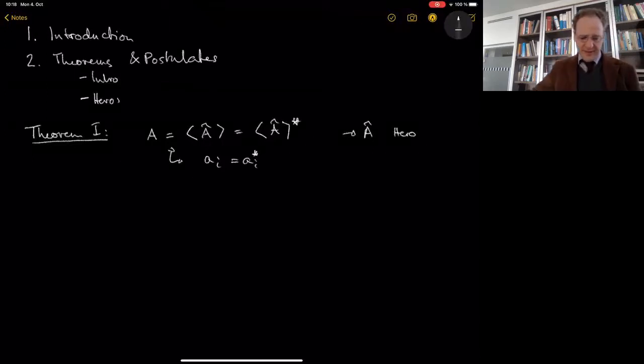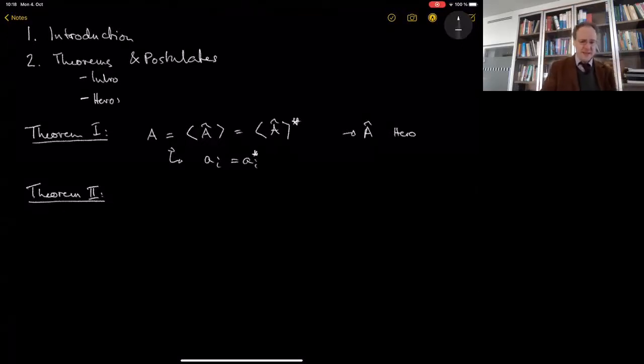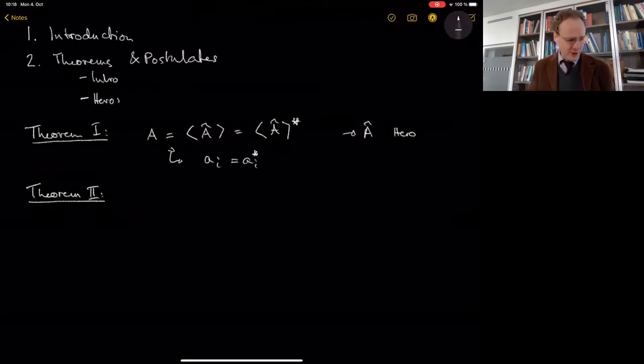And the second theorem, which we mentioned at the end, is that the eigenfunctions of heroes, of non-degenerate eigenfunctions, these eigenfunctions are orthogonal.